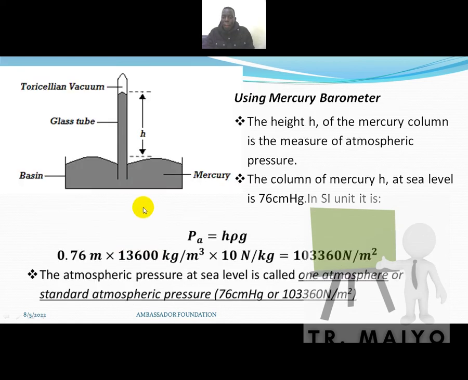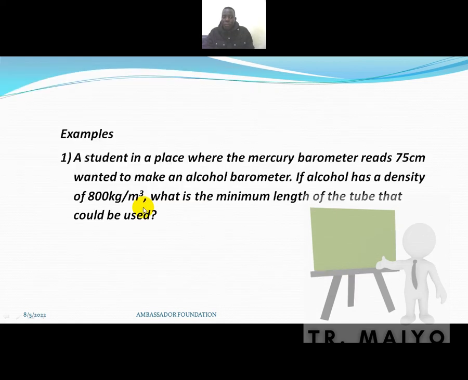Now, let's use this question. A student in a place where a mercury barometer reads 75 centimeters wanted to make an alcohol barometer. I think in that area there was no mercury. The available liquid was alcohol.